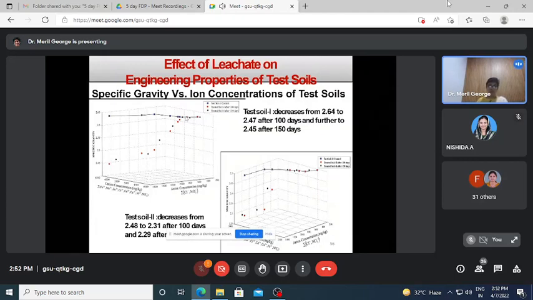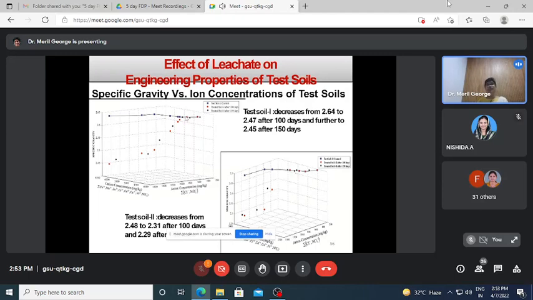So from this figure for the test soil 1 and test soil 2, it is plotted, and the maximum difference in specific gravity is observed at the position where cation and anion concentrations are maximum. And for test soil 1, specific gravity decreases from 2.64 to 2.47 after 100 days and further to 2.45 after 150 days.